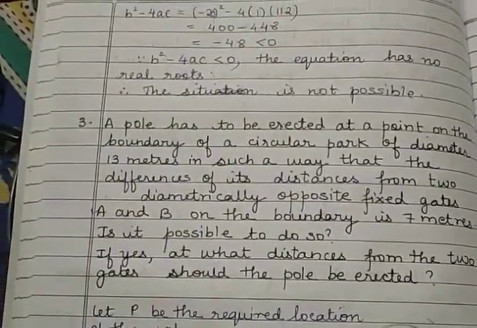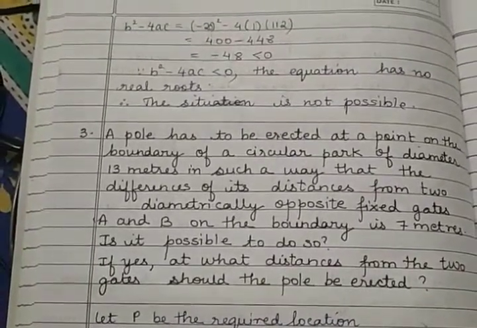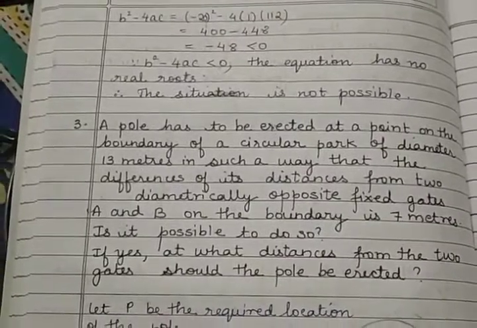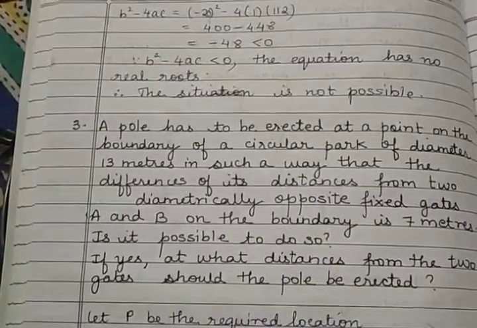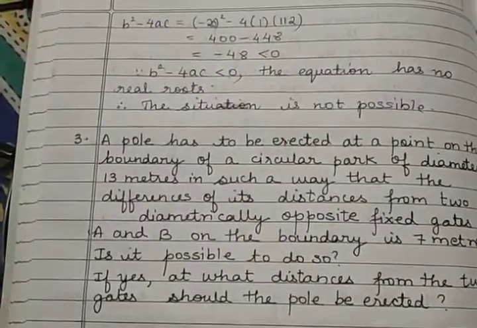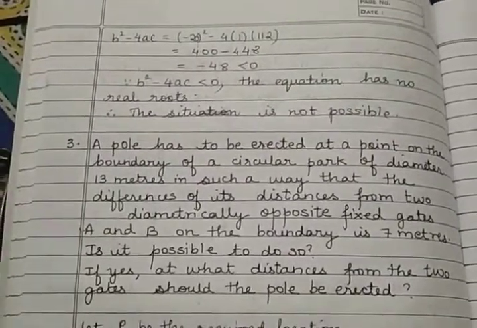Now the pole has to be erected in such a way that the difference of its distance from two diametrically opposite fixed points or fixed gates A and B is 7 meters.